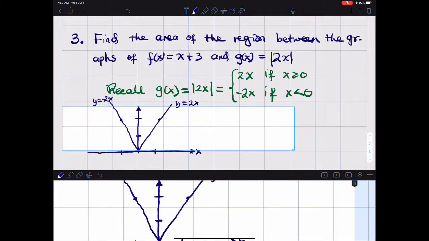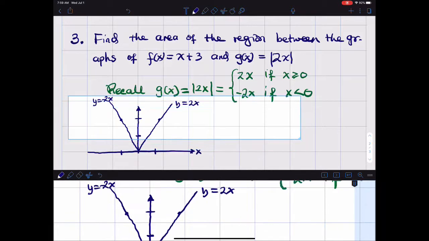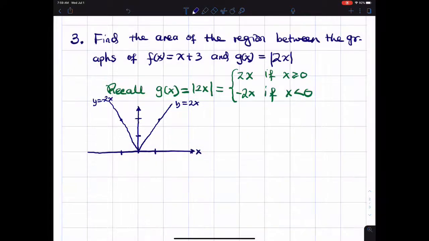Okay, so we have another function, y equals x plus 3. All right, so I'm going to do something. I am going to move my function down a little bit.